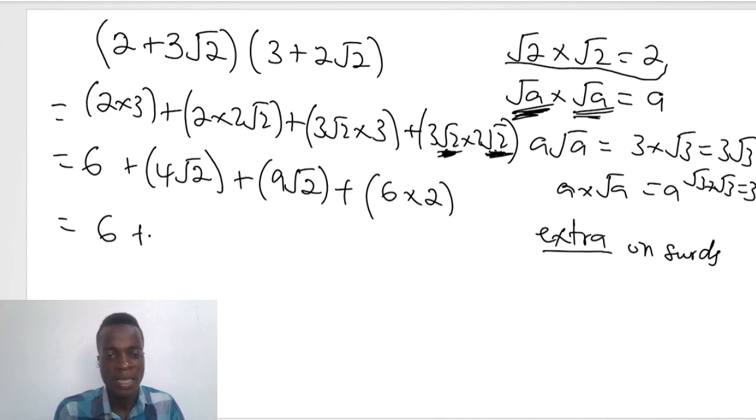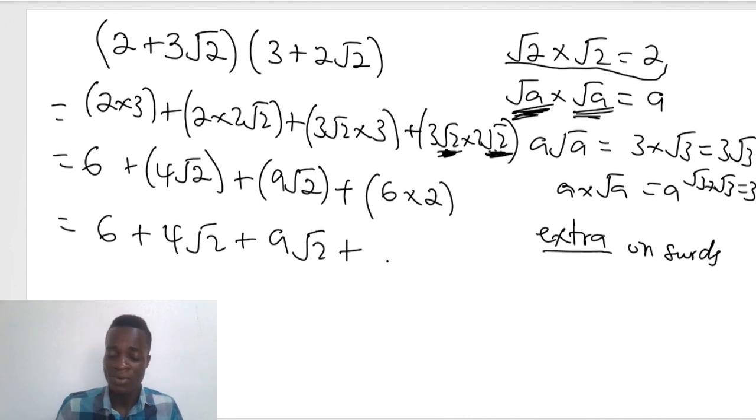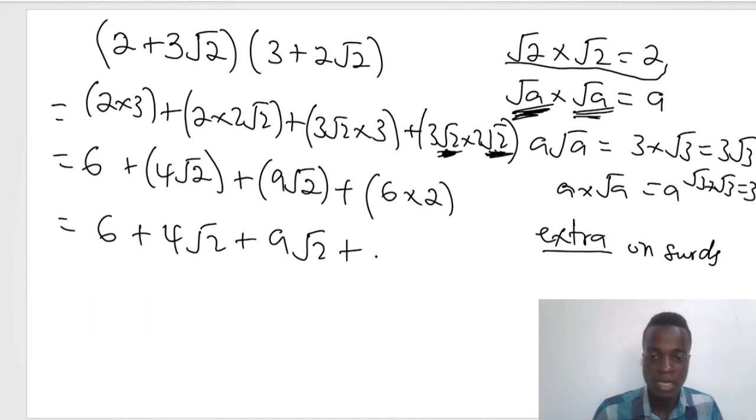So 6 plus, we are removing the bracket, plus 9 root 2 plus 2 times 6. You can use your calculator alongside. 2 times 6 is 12. So we have to group like terms, 6 and 12. What do we have? 18, plus, because these ones are just whole numbers, so they don't have any roots.